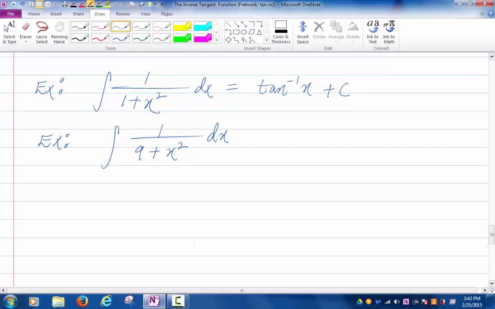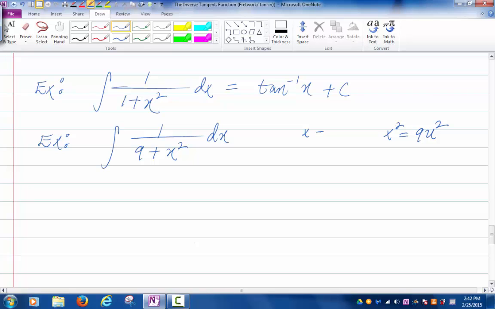Well, how do I introduce a coefficient of 9 in front of x squared? That means I want to replace x squared by 9u squared, right? Well, what substitution will allow me to write x squared as 9u squared?